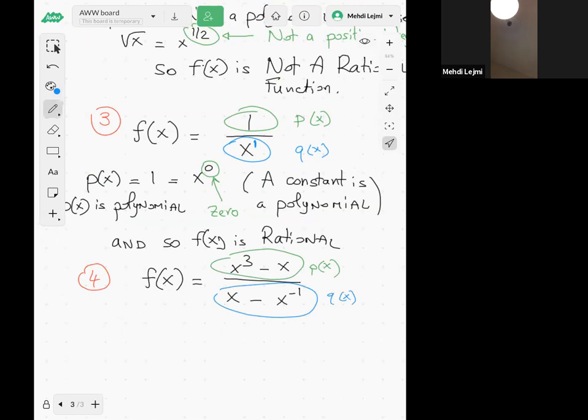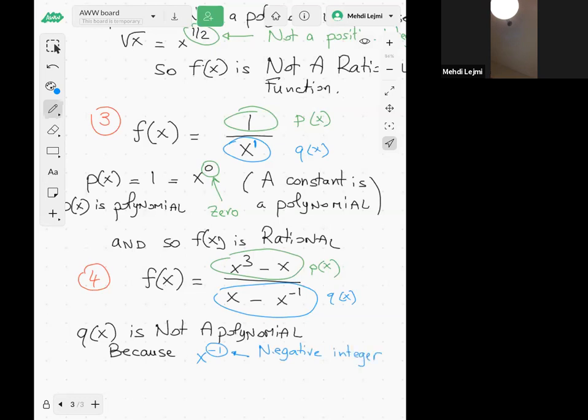Q is actually not a polynomial because you have a negative power. So q of x is not a polynomial because of this x to the power negative 1, which is a negative integer power. So f of x is not rational.